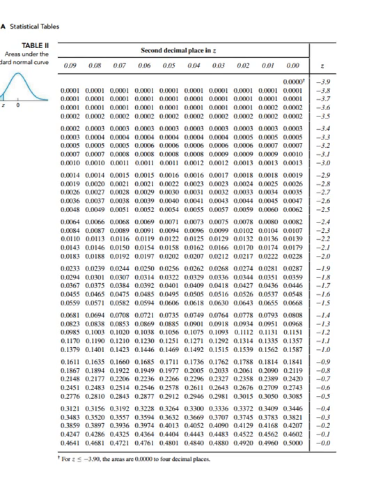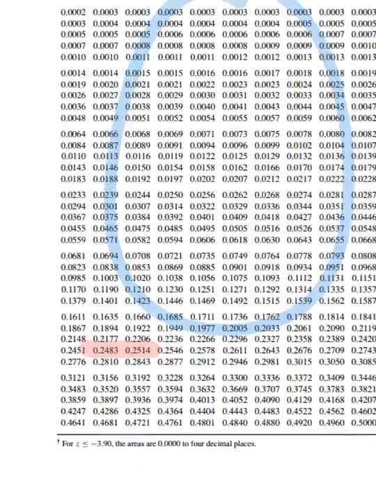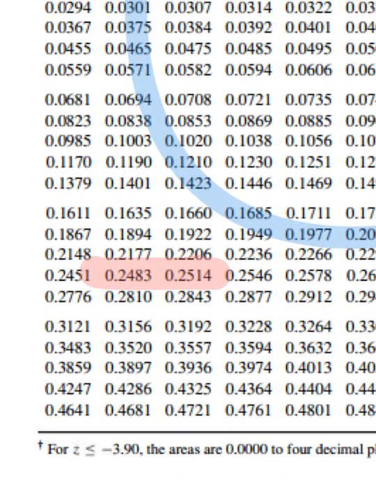Now we had a probability in the middle. How much? 0.25. Where is the 0.25? Between these two probabilities, 0.2483 and 0.2514. In the middle, there is exactly 0.25.